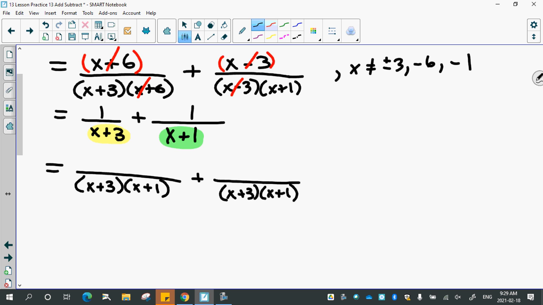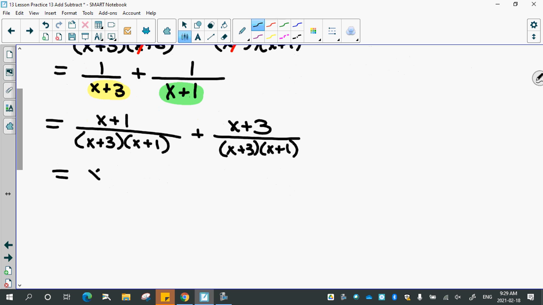So for the first one, I had to multiply the bottom by x plus 1, so I have to multiply the top by x plus 1. 1 times x plus 1 is still just x plus 1. Okay? And then same thing here, I had to multiply the bottom by x plus 3, so I multiply the top by x plus 3.